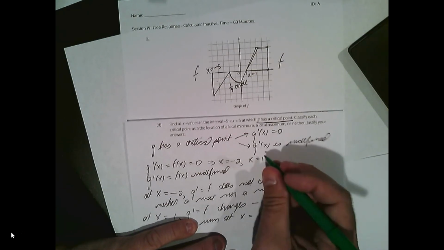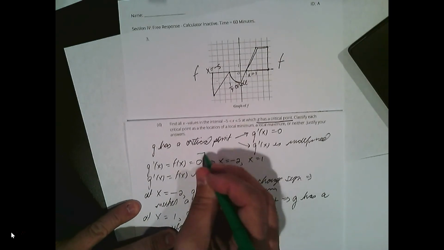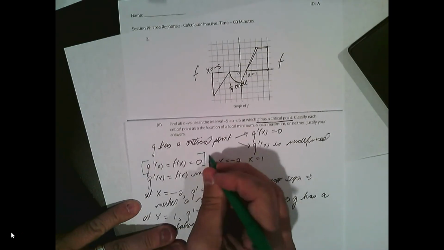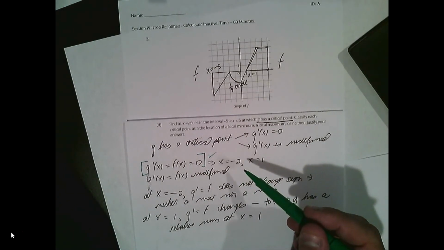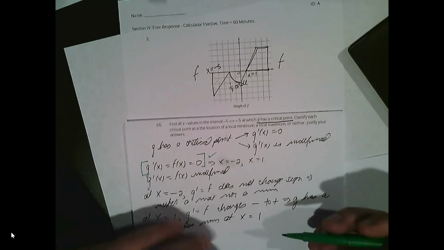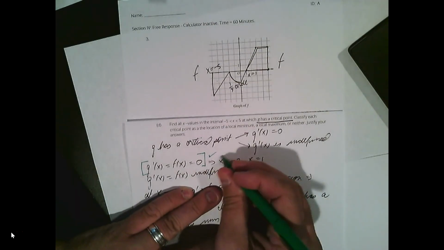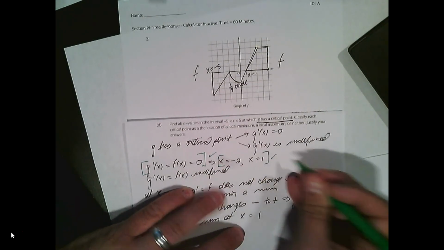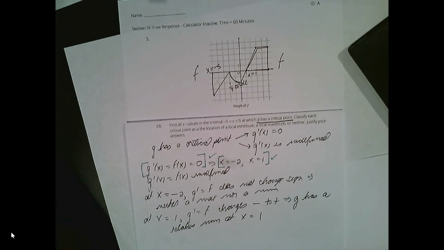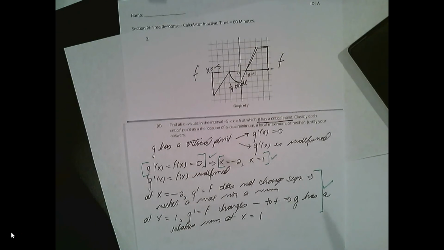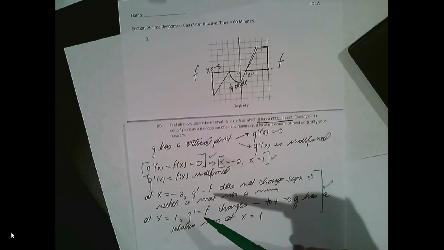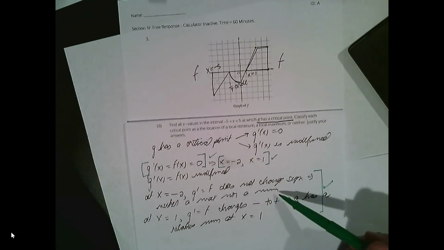And I just want to compare all my work to the scoring rubric here. Okay, they say 1 point for considering g prime and f of x being equal and being equal to 0. It then says 1 point for identification of your critical points at x equals -2 and x equals 1. And then your third point comes in here for the determination that at x equals -2, it's neither a max or a min, and there's the explanation.